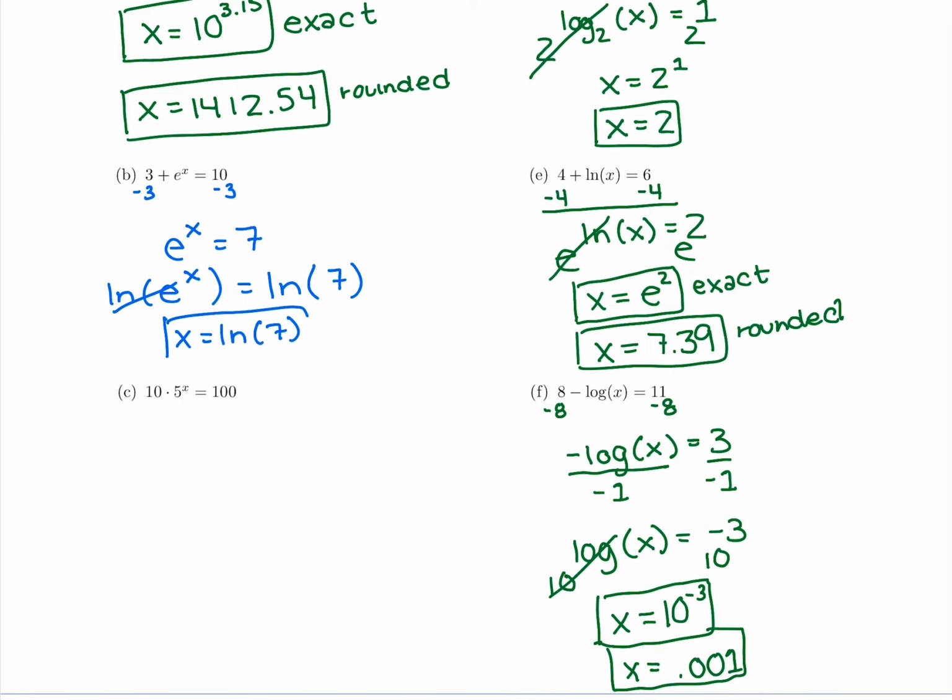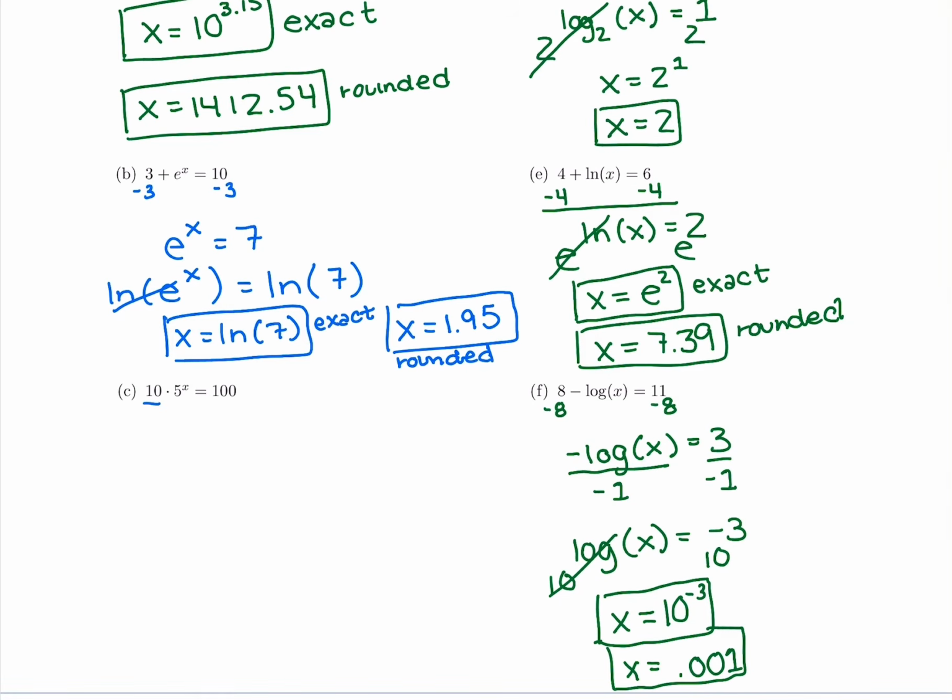There's my exact answer. And I'm going to grab my calculator and use that ln button to get the rounded answer as well. So it says find both the exact and rounded answer. And for the decimal answer, I'm getting 1.95 when we round to the second decimal place. Same thing with this last one. We have 10 times 5 to the x.